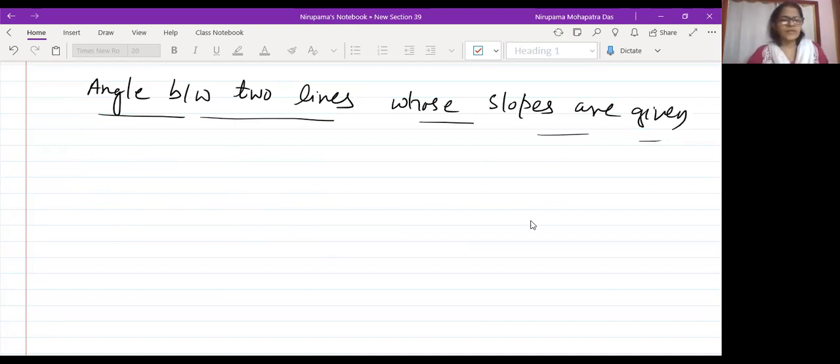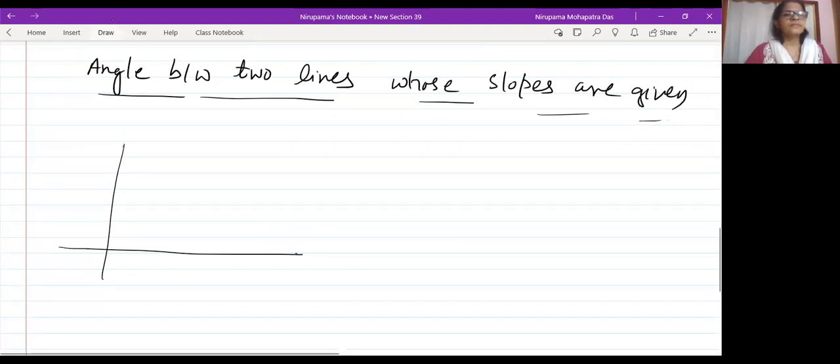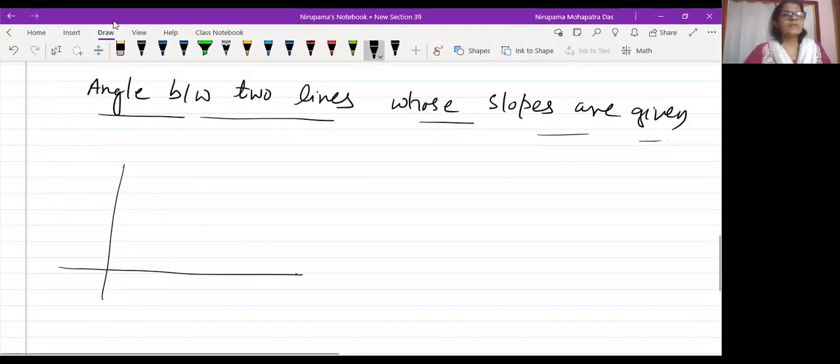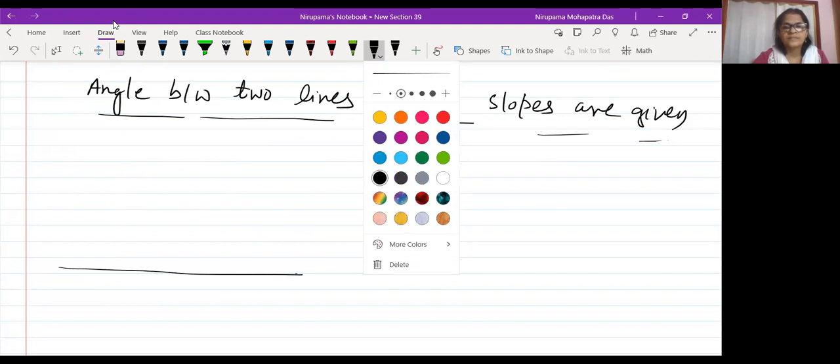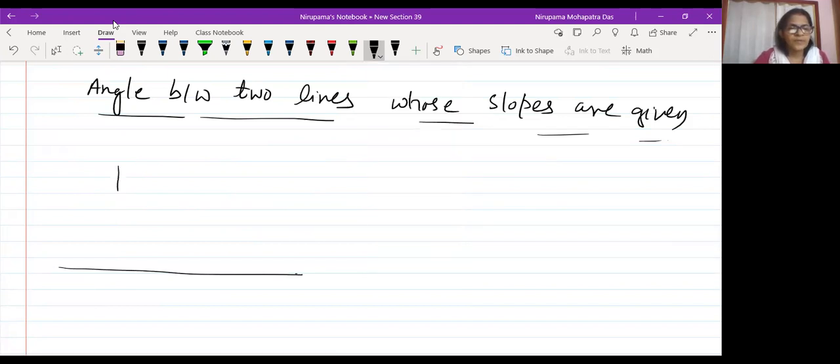So let me just take like this. Maybe I can just take a straight line. So I am taking here your x axis, y axis.